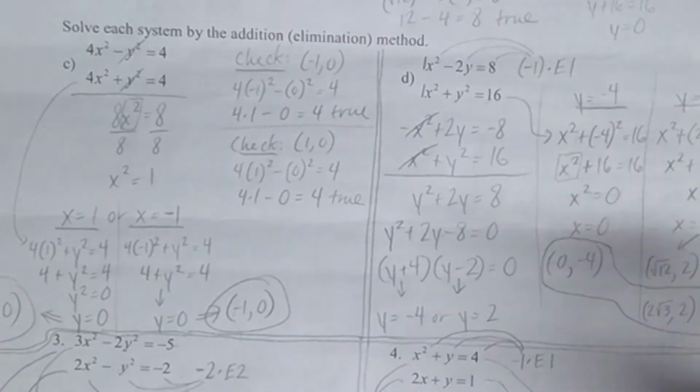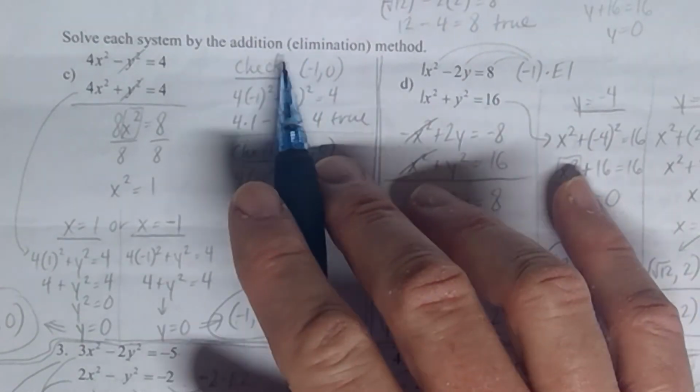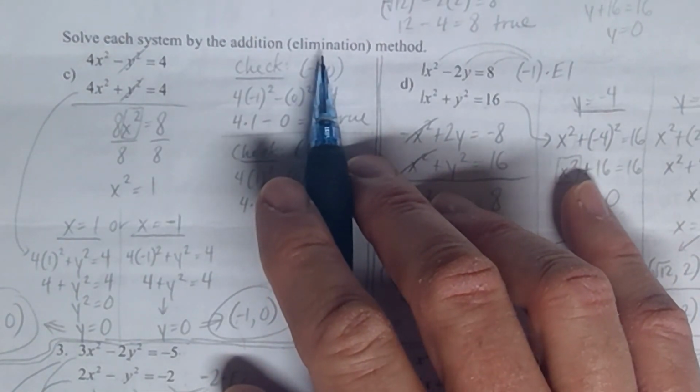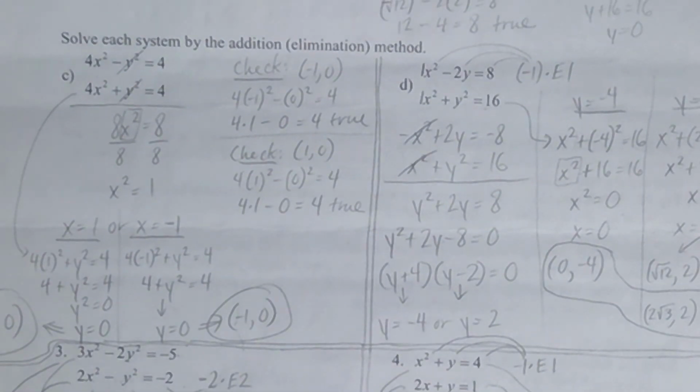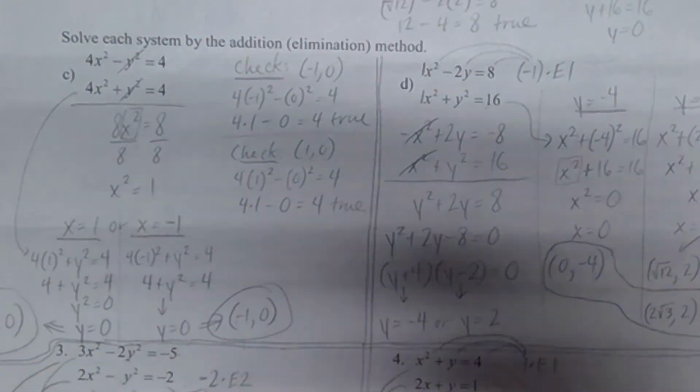Please, please follow the directions that they give you here. As you gain more experience with this, you can actually choose the method you want, but for now, follow the directions. It does say here to use the elimination method on these 4 problems. On the problems on the front, it says to use substitution.